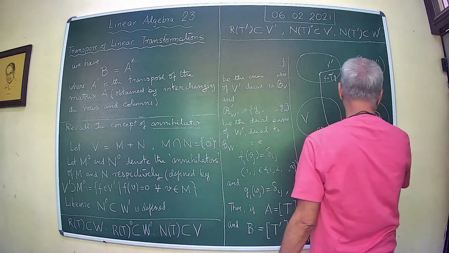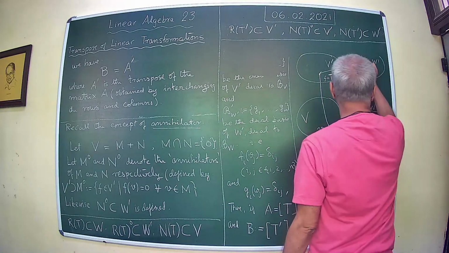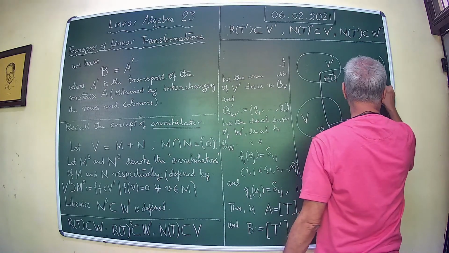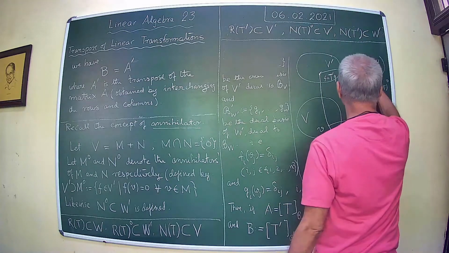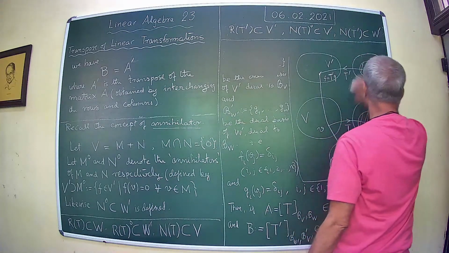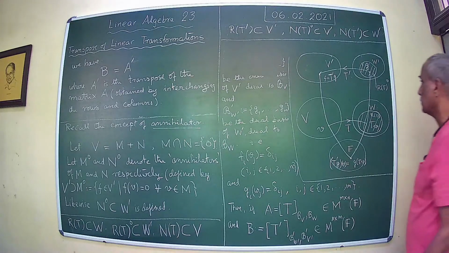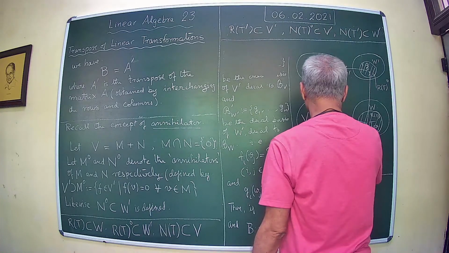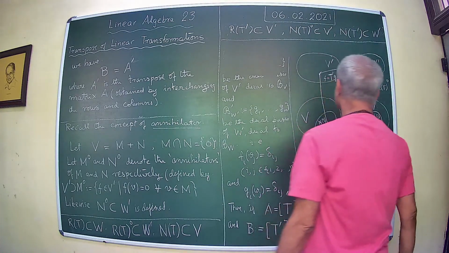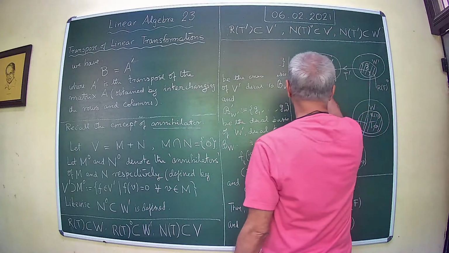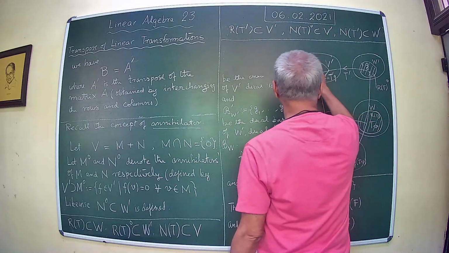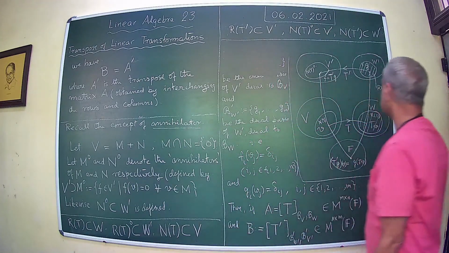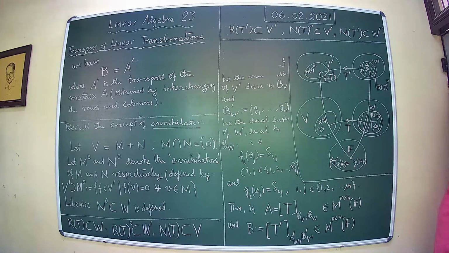Okay, so I come to that. So this is the range of T and the null space. Now you have the null space of T, and then you have the annihilator of the null space of T. Okay.